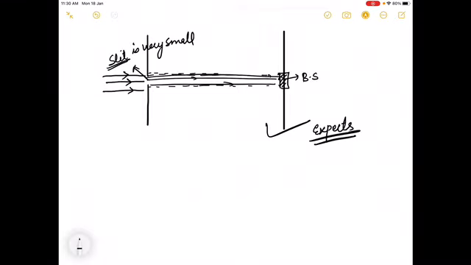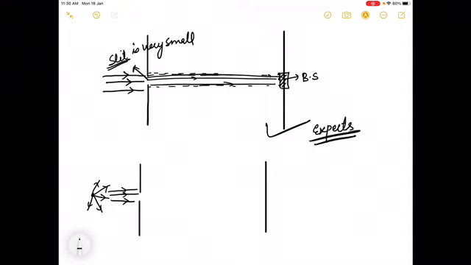But actually what we are going to observe is that normally we do this experiment with a single slit. Suppose we have a source, and the source will go in every possible direction. Let's say the light rays are coming parallel here, and we have the screen here.